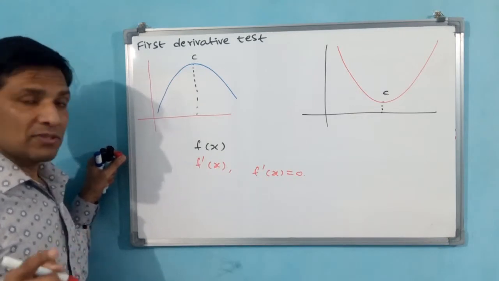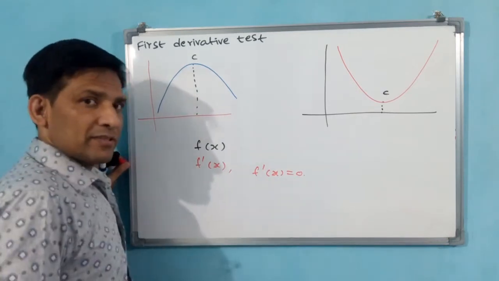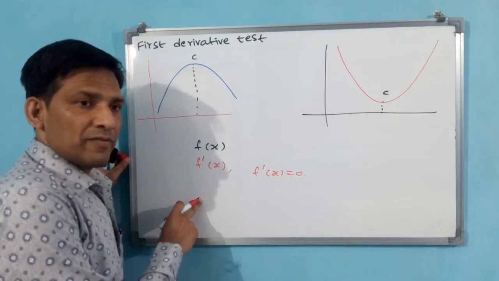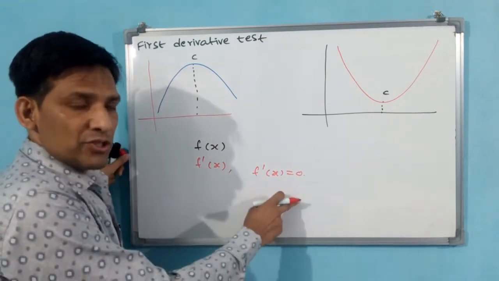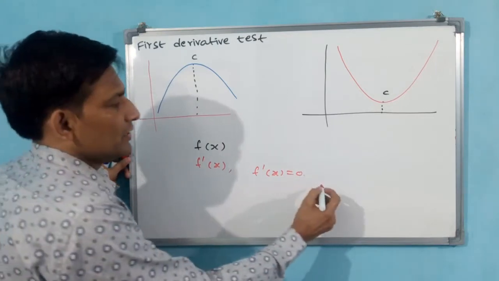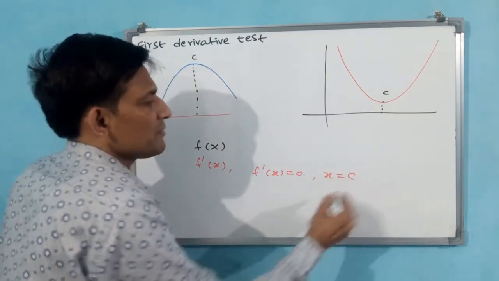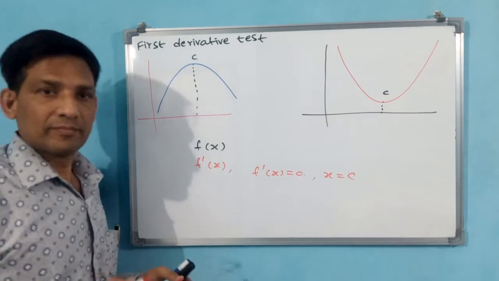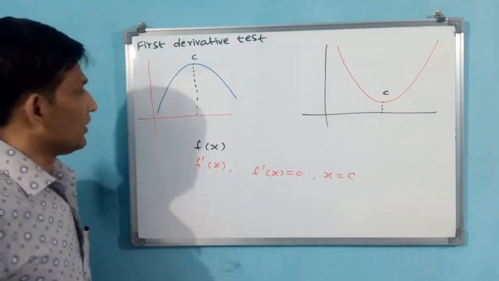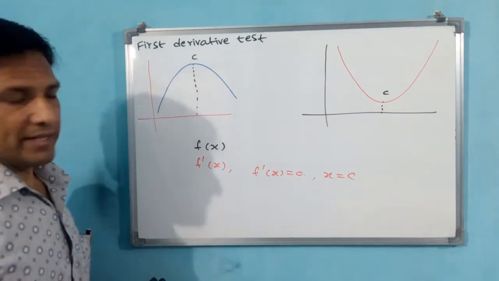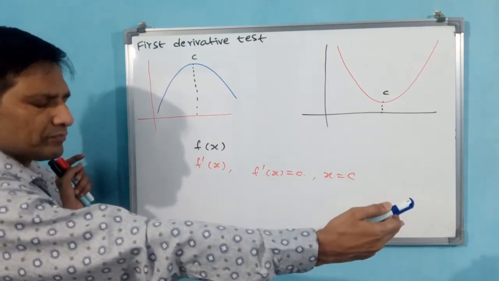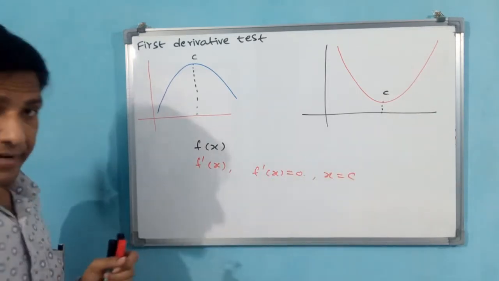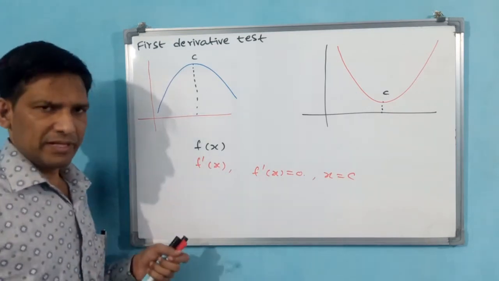See the process we are doing: you write f of x, you do the first derivative of f of x, f dash x will come, you equate it to 0, then you will get the x value, that value may be c. Now you write that point here. Normally f of x has some interval, open interval or something like that.